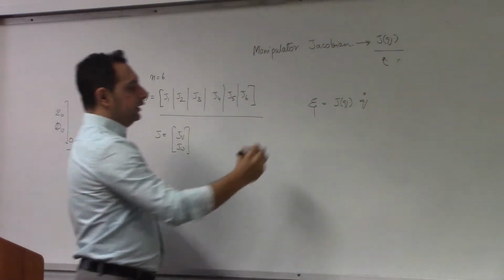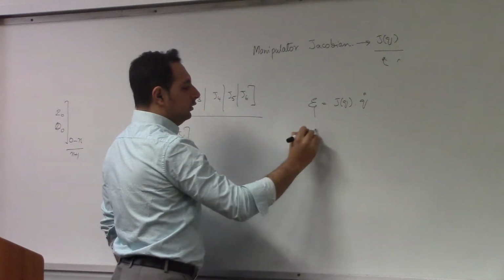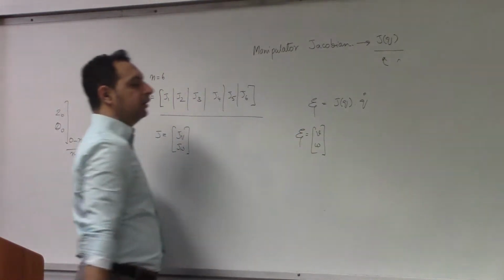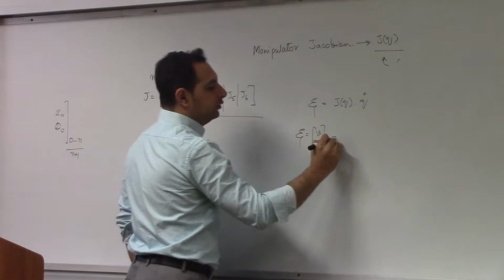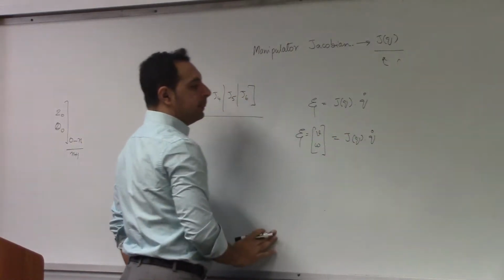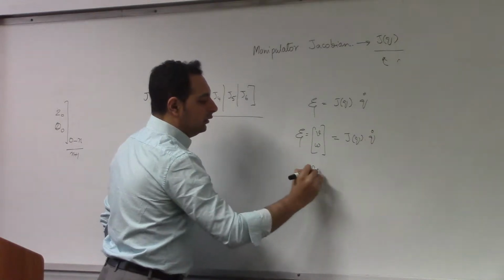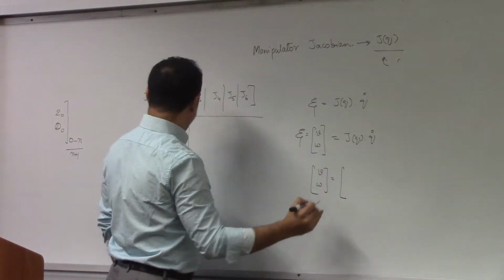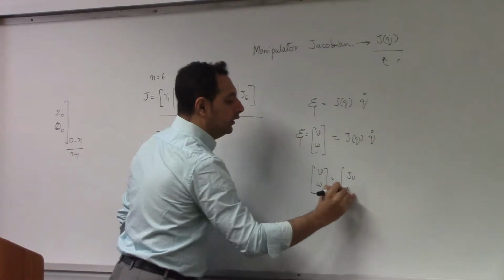So, eta will be equal to linear velocity and angular velocity. That will be equal to J of Q times Q dot. Or we can write V omega will be equal to, here we'll have JV and J omega, times Q dot.